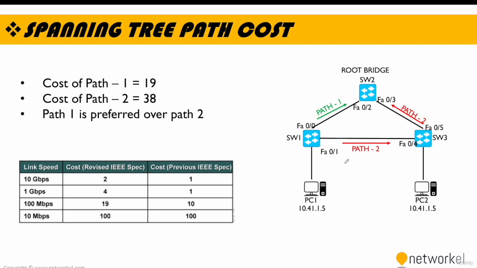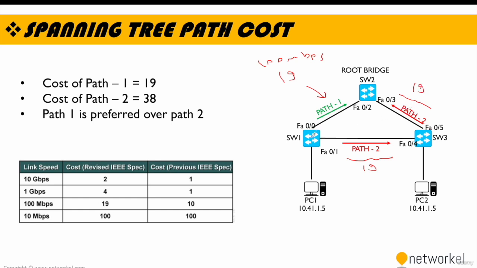Let's continue with this example again. Cost of path 1 is calculated as 19 because that is a Fast Ethernet link which is a 100 Mbps. On the other hand, the cost for path 2 will include this path as well as this path. It is 19 plus 19 equals 38.